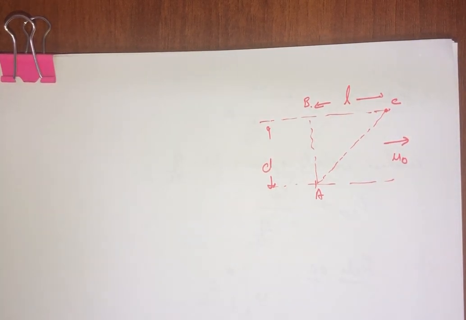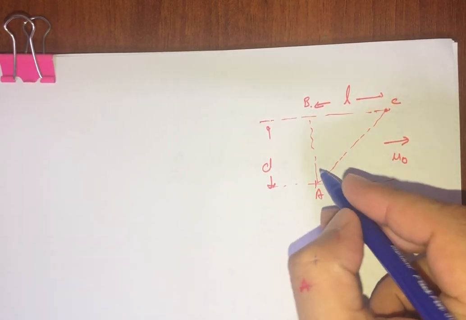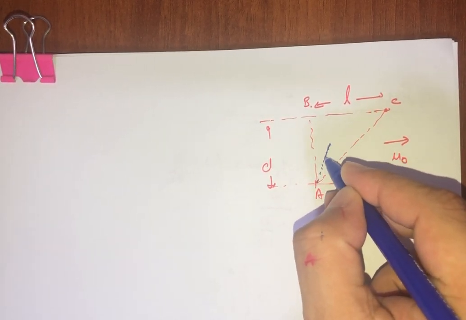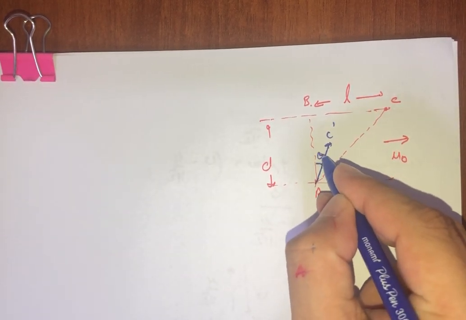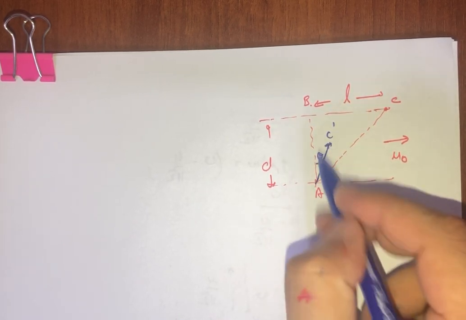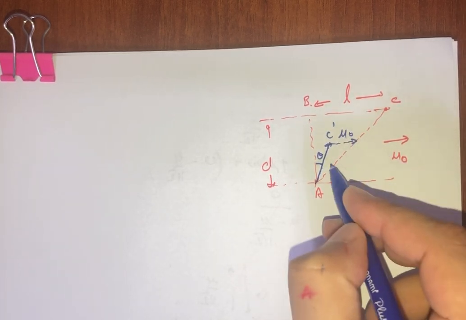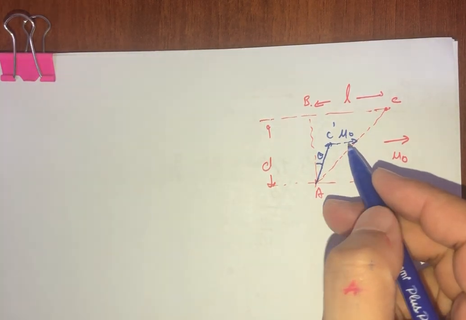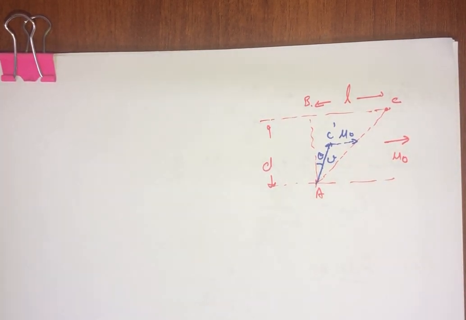So what we want is that the swimmer should reach point C. So the direction in which the swimmer swims, let us call this direction AC prime, which is at angle theta with the vertical, the line AB. Let v be the velocity with which the swimmer is swimming.